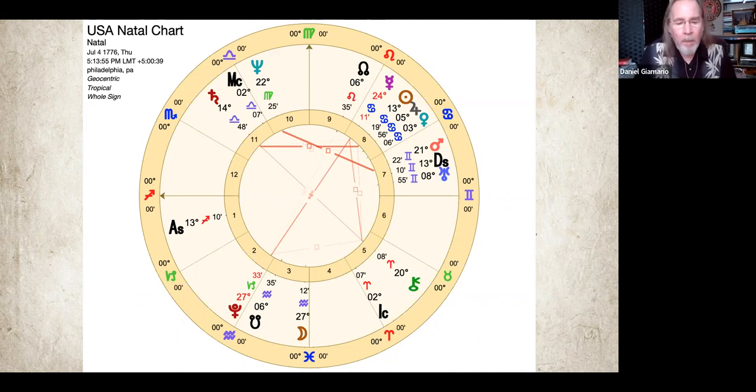However, in attributing the initiatory window of Pluto conjunct US Pluto, if we use the same strategy, the same approach, the same criterion as on an individual's chart, then this is absolutely not over.